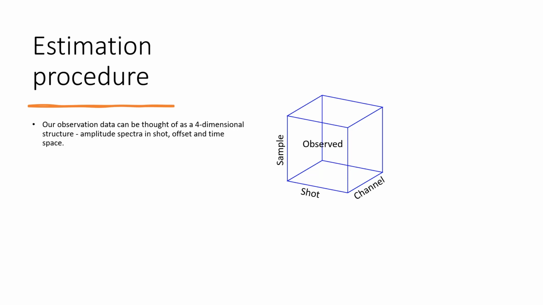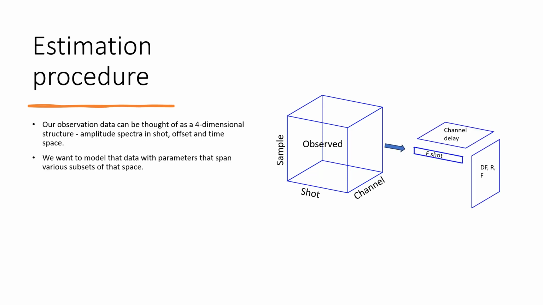And we want to decompose that information into the channel delay, which is in shot and channel coordinates, the frequency spectra for each shot, so it's just in the shot domain, and then the delay factor, reflection coefficient, and power spectra within the shot, which is in sample channel domain.